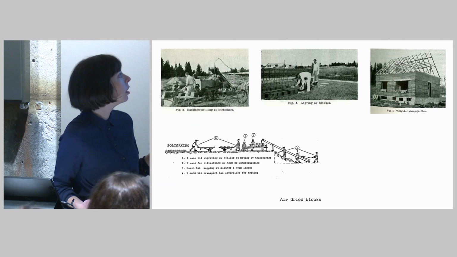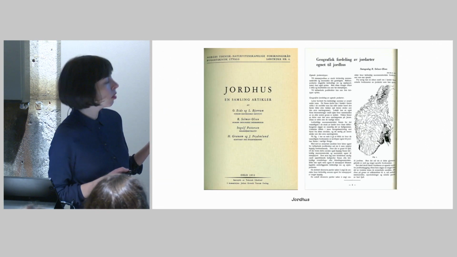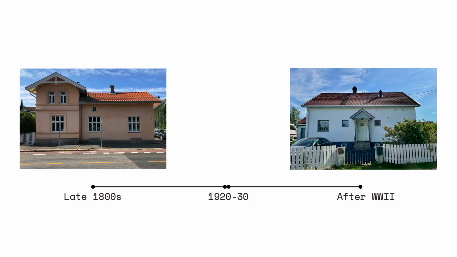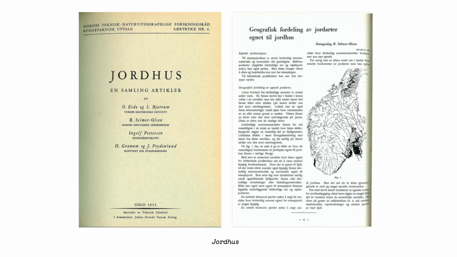We found that here in Oslo, without going too far, there are a lot of examples going back to the late 1800s. This house, for example, is in Sankthanshagen. There's a whole neighborhood made with earth. And this is in the outskirts of Oslo. There are quite a few houses around made with air-dried blocks.